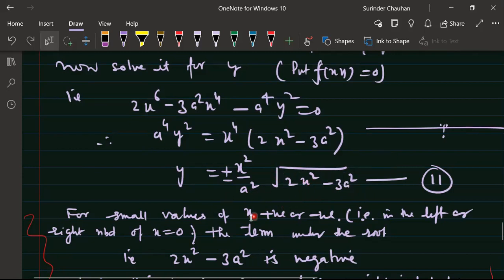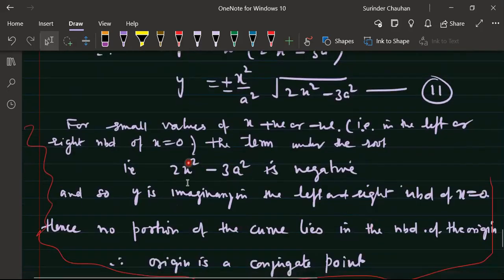So for small values of x, positive or negative, in the left or right neighborhood of 0, the term under the root is negative. And so y is imaginary in the left and right neighborhood of x equal to 0. Hence, no portion of the curve lies in the neighborhood of the origin.